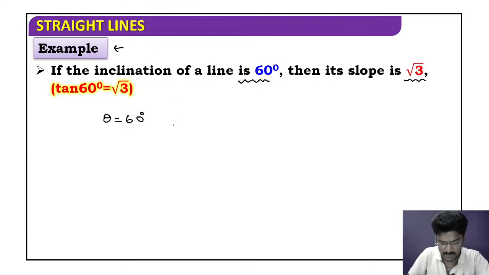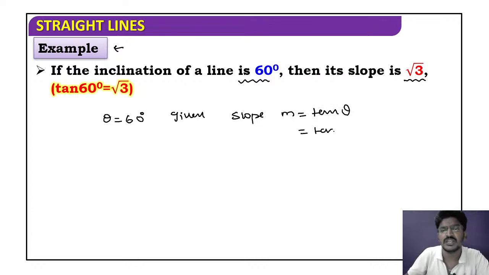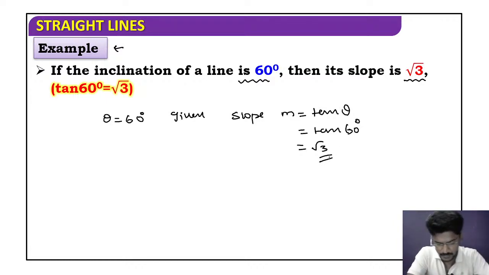Now slope m will be equal to tan theta, that is tan 60 degree. That will be equal to root 3. So this is the example.